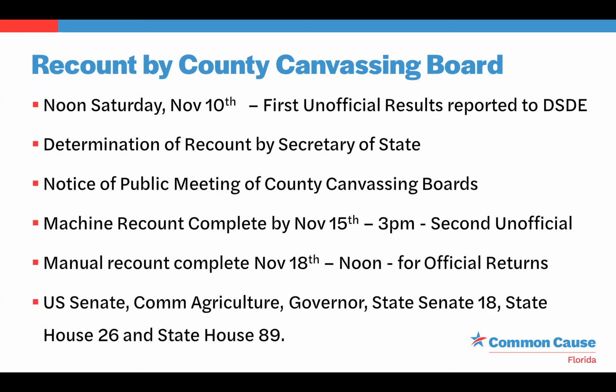The information from that recount, combined with the overseas ballots that are due on November 16th, are combined to make the official returns, which are presented to the Division of Elections at noon, Sunday, November 18th.